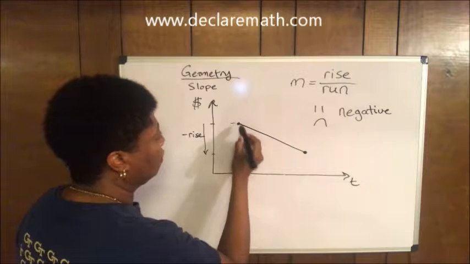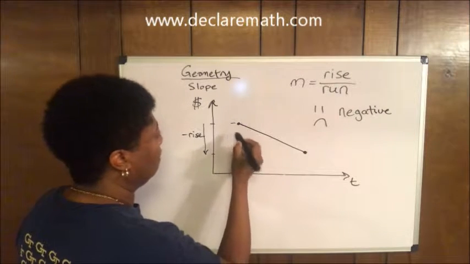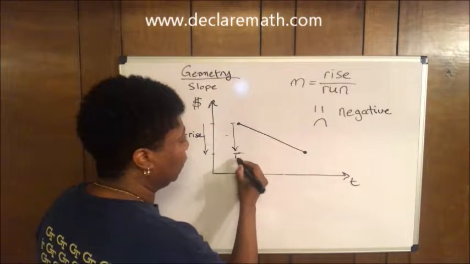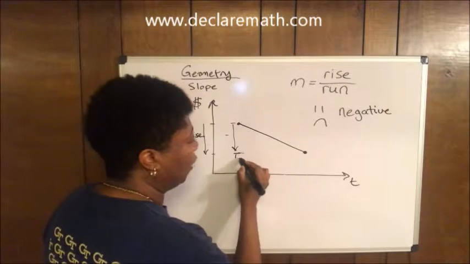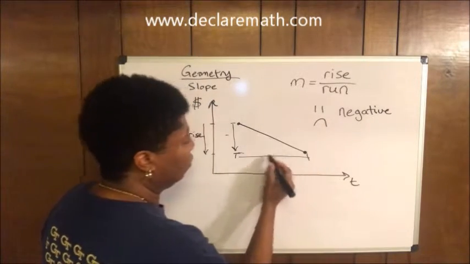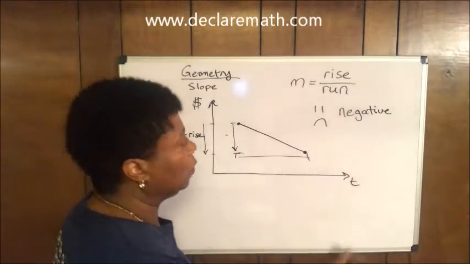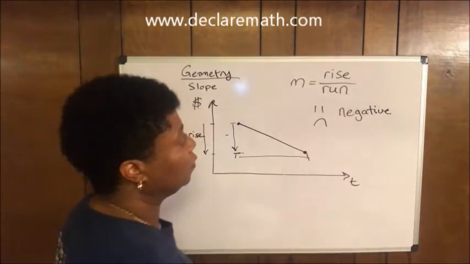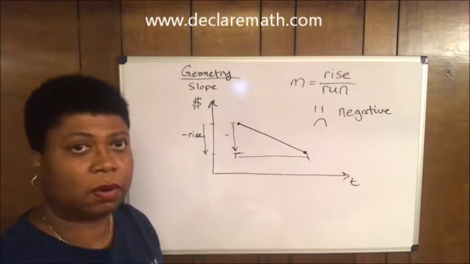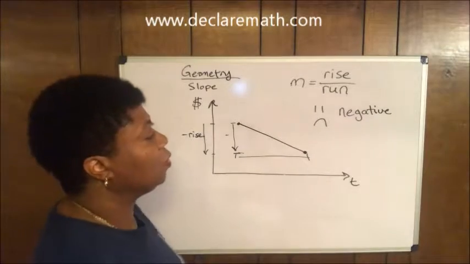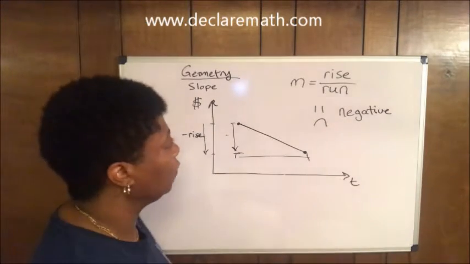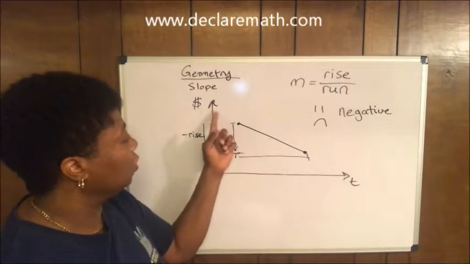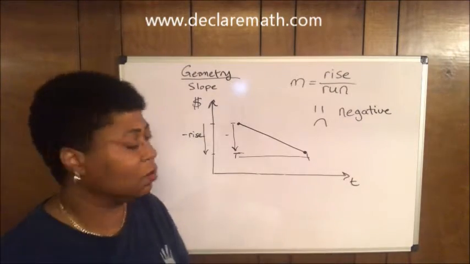This distance right here would be the rise, but we're going down, so it's negative. From this point to this point, we're running in a positive direction. Anytime you have a negative divided by a positive, you're going to get a negative number. That's how you get a negative value for slope. Physically, you're losing money over time.